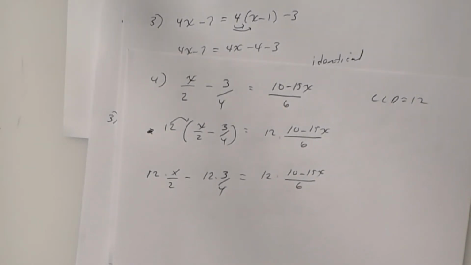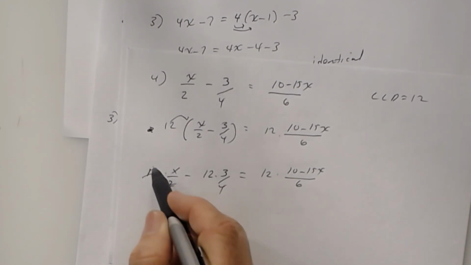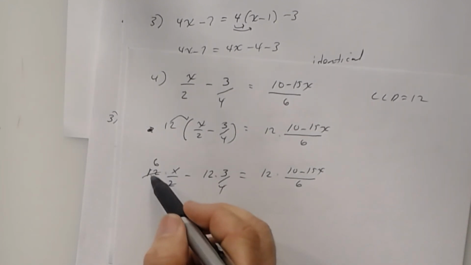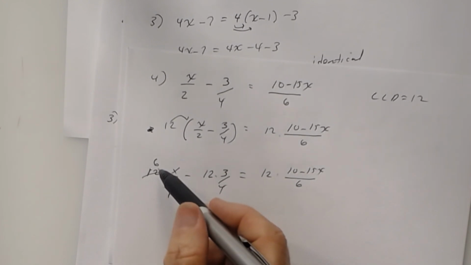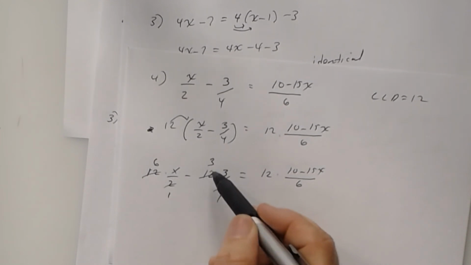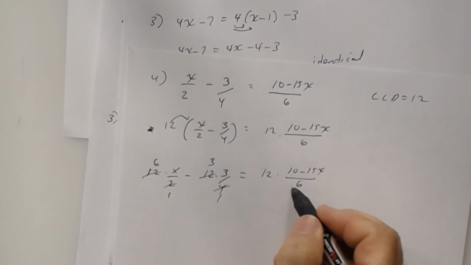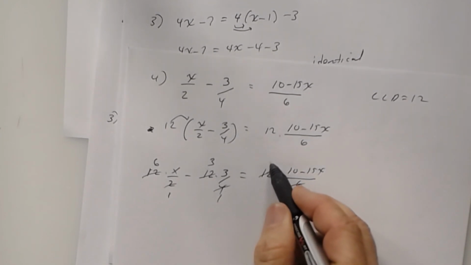Now we're going to simplify, reduce. Remember, the whole point of multiplying by the LCD is to make these denominators 1s. 2 to 2 is 1, 2 to 12 is 6, which makes sense because 12 divided by 2 is 6. 4 to 4 is 1, 4 to 12 is 3, because 12 divided by 4 is 3. 6 to 6 is 1, 6 into 12 is 2.